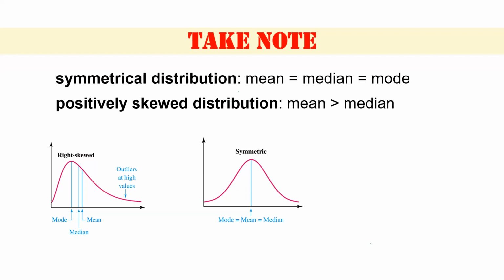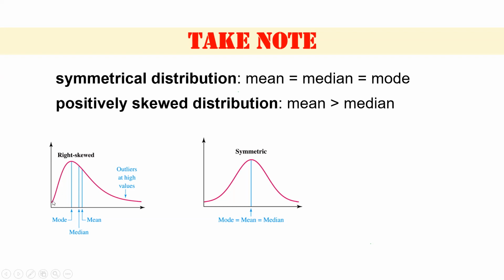Now take a look at this right skewed distribution. Are majority of the scores high or low? Low, sir. Low, yes.